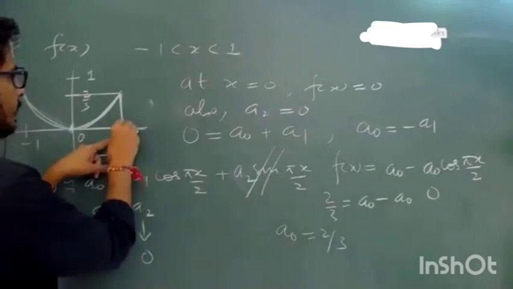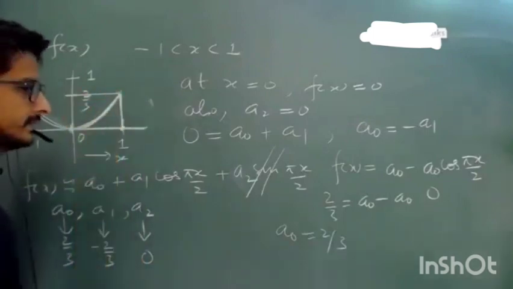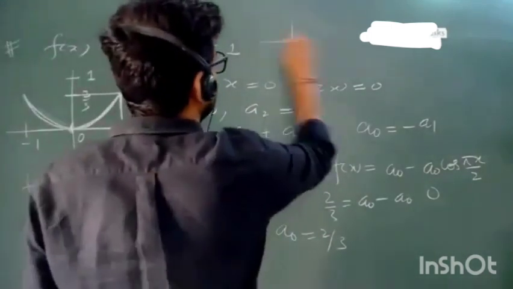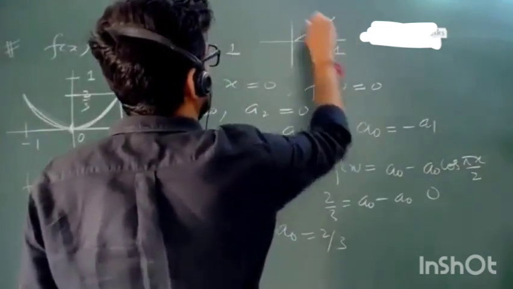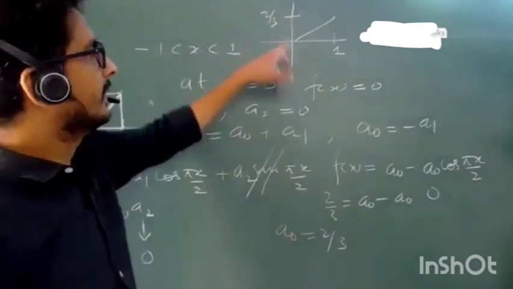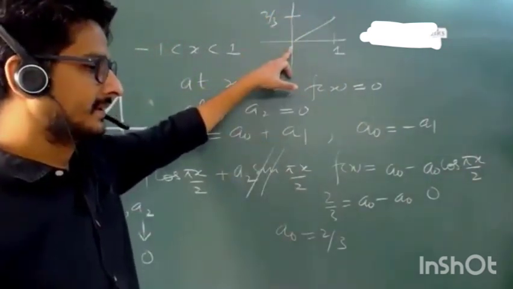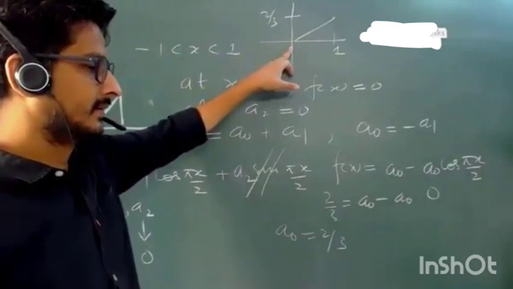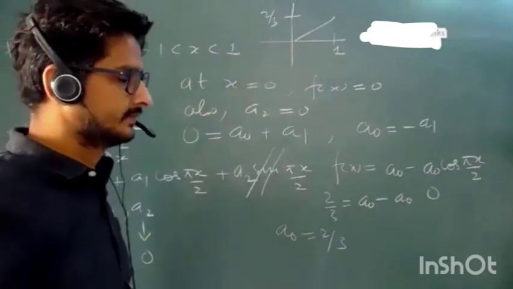That at x is equal to 1, what is the value of fx? Suppose there is a graph like this, at 1 its value is suppose 2/3. So is this value at 0 or at 1? What is the value of this function at 0?